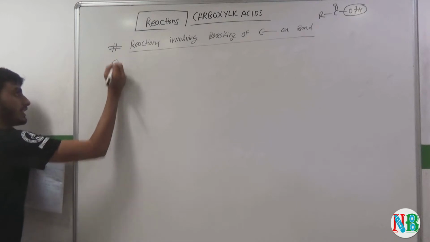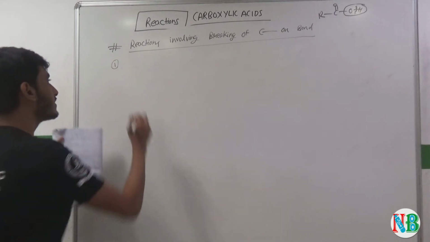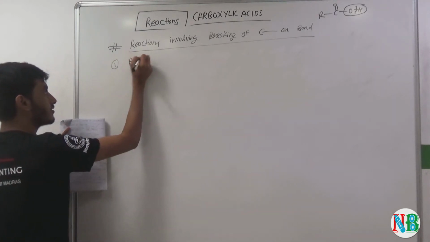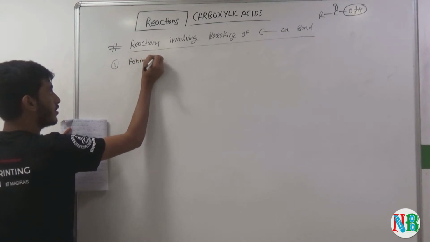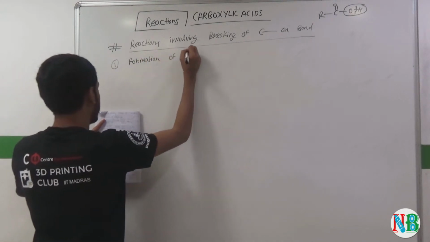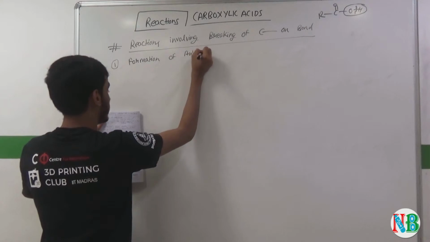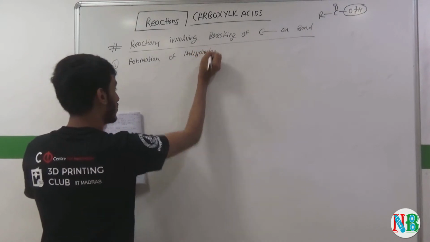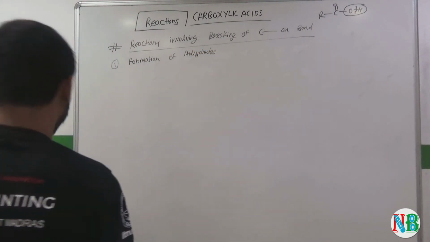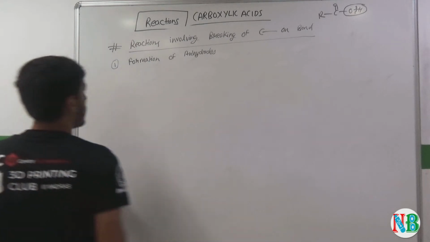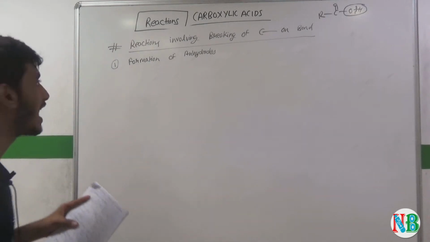So the first case, we see that there is a formation of anhydride. So how is this happening?